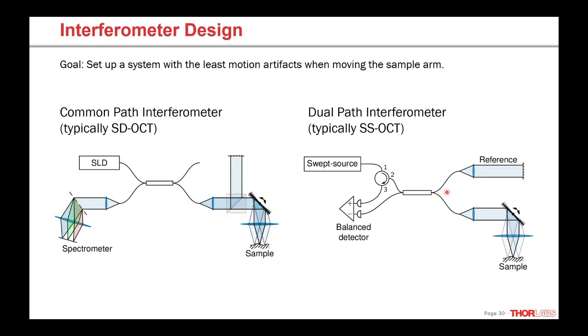Whereas over here, you have two fibers, one going to the reference and one going to the sample arm. And if you move either one of these two fibers around, for example, by moving the probe head, you will change the light that goes into the fiber coupler where the interference pattern is generated. So let's look at how that may look.